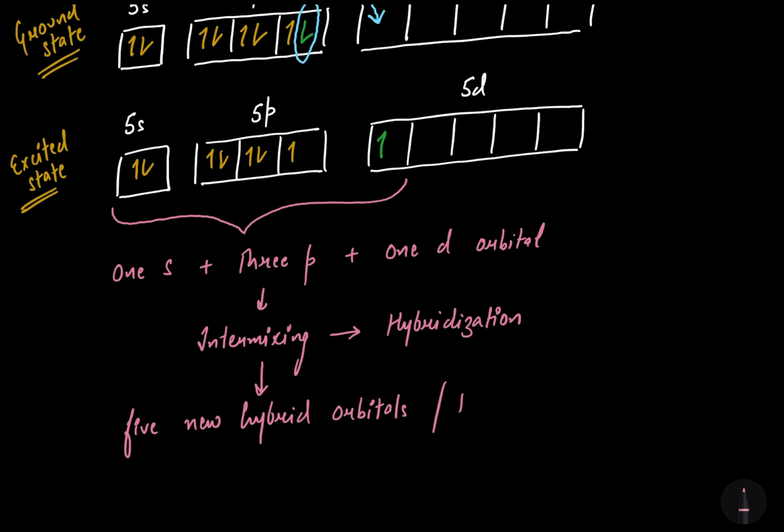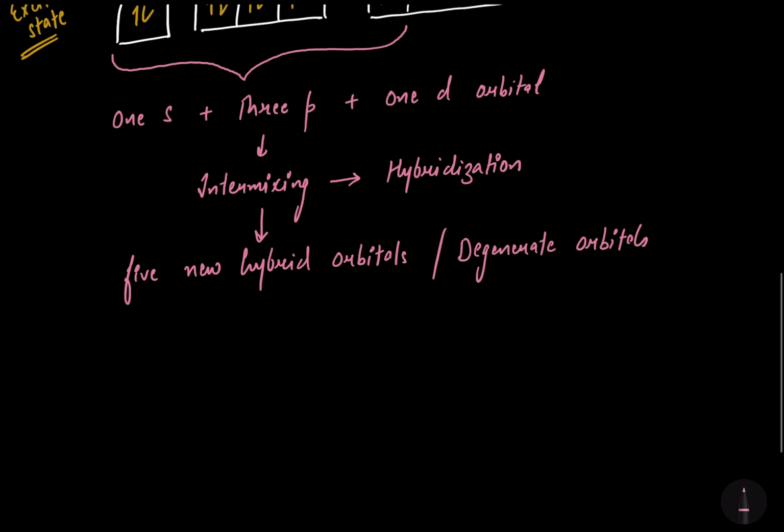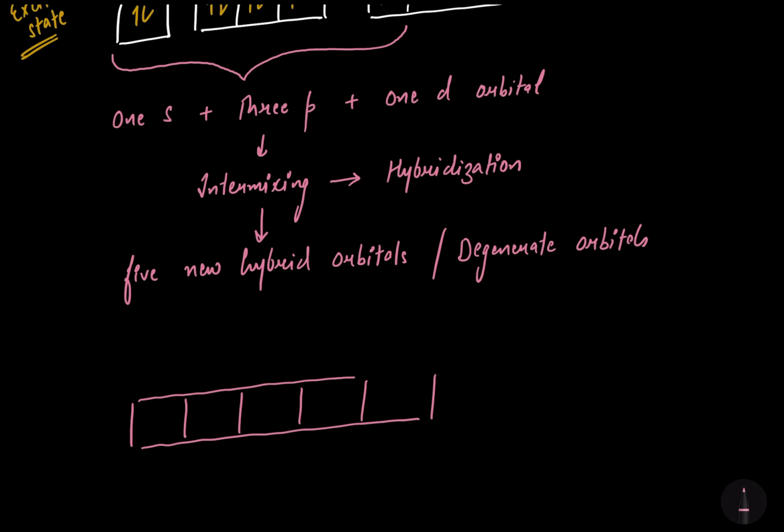So you can say that they are also degenerate orbitals. So let's make the 5 new hybrid orbitals. We got the 5 new hybrid cum degenerate orbitals.